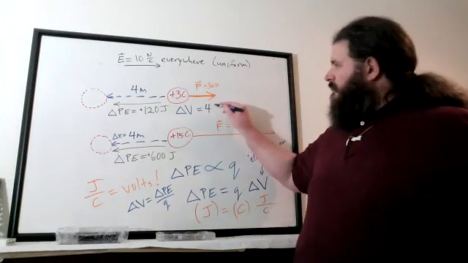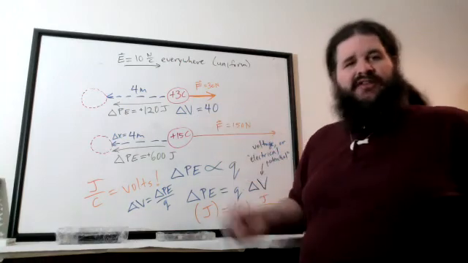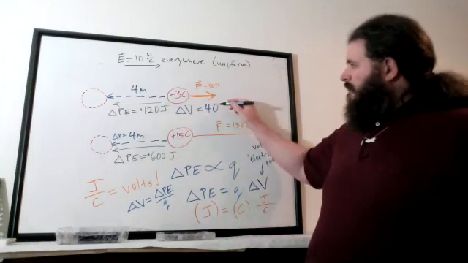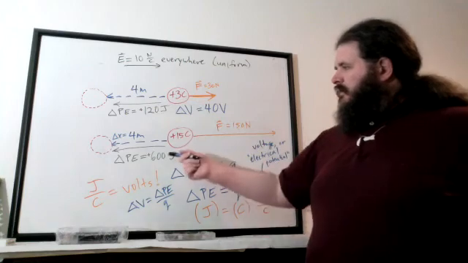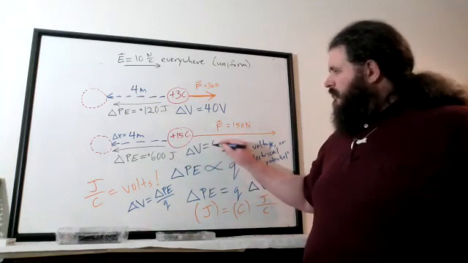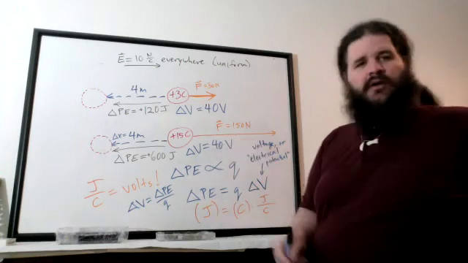So we would say the change in voltage is 40 joules per coulomb or 40 volts. Same thing here, 600 joules divided by 15 is also 40 joules per coulomb or 40 volts.